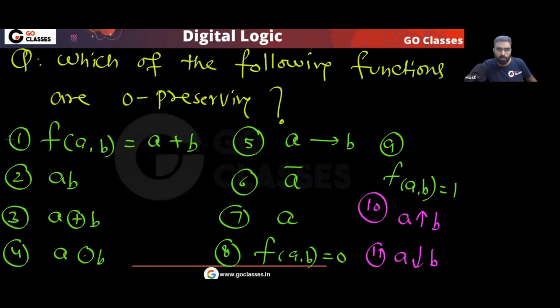See, this function is zero preserving, right? If you replace all the variables by zero, this will become zero. This is zero preserving. This is also zero preserving. This is also zero preserving. This is not zero preserving. Yes or no? The fourth one, that is not zero preserving. Because remember, look at this function f(a, b) equal to a XNOR b.